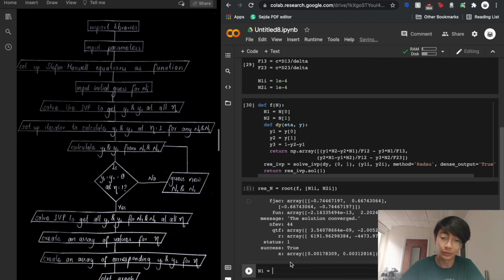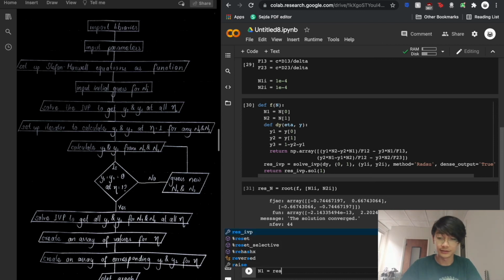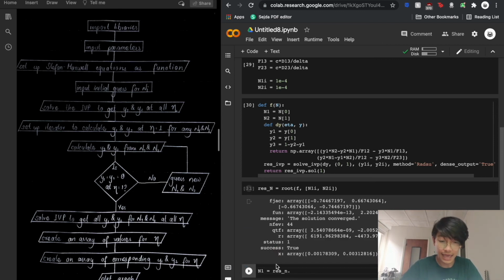And our n1 will be equal to res underscore n dot x, and since it's an array and we're trying to access the first value of the array, it's going to be x square bracket 0. And same thing for n2, the molar flux of methanol, it's going to be res underscore n dot x square brackets 1. So that's accessing the second value from inside the res underscore n variable.